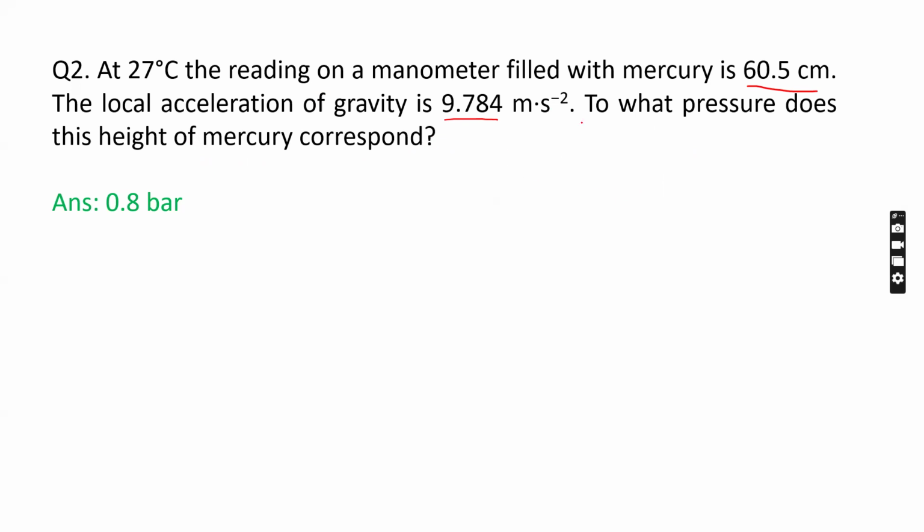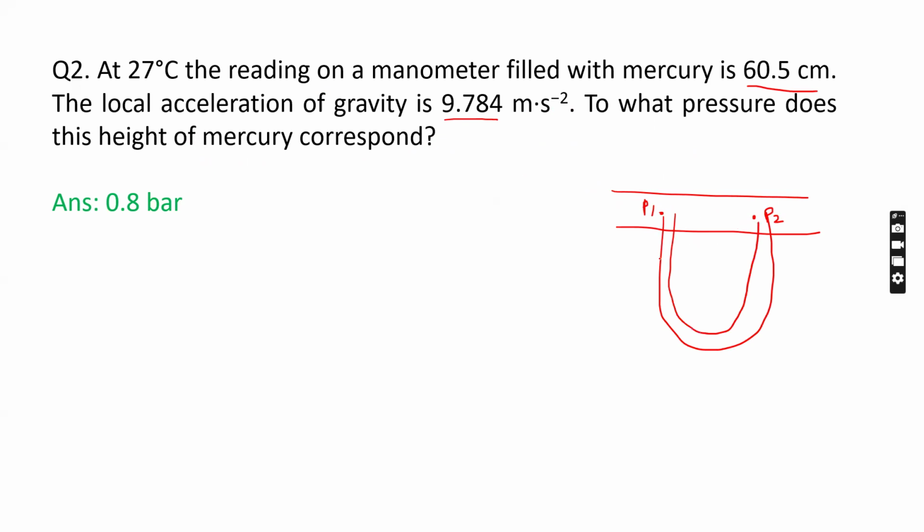So, generally, a manometer with mercury, assume there is a manometer where P1 is there and P2 is there, like this. Assume here the height is this and here the height is this.